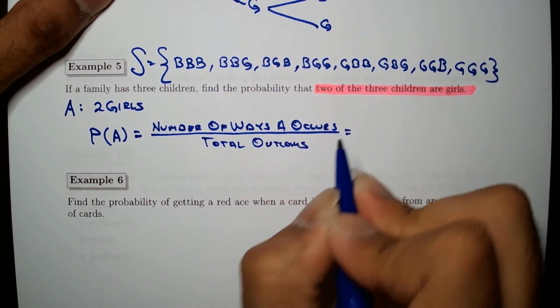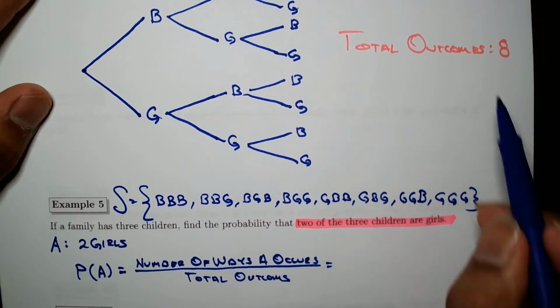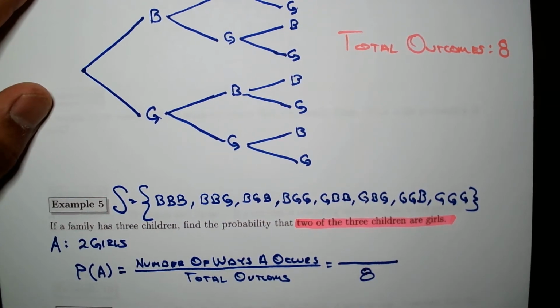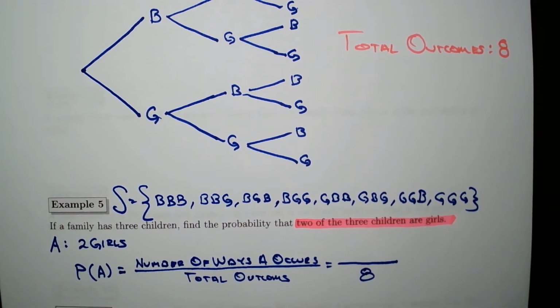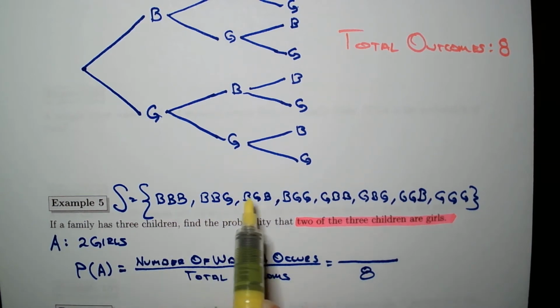I'm going to do the denominator first because that's really straightforward. We got that from the previous step. That's 8 possible outcomes. Now, in how many ways can this event occur? That is, in how many ways can the couple have 2 girls? Okay, let's highlight all the possible outcomes in which we will see 2 girls.